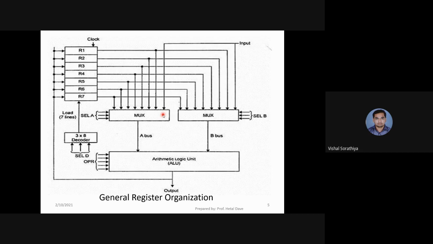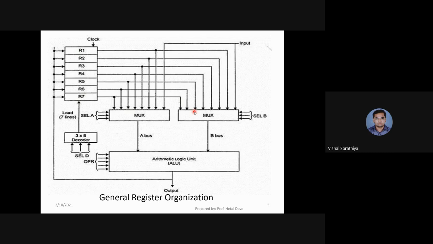The result is stored in another register. So you require two buses, one for the A register and one for the B register, and both are connected with all the register pairs over here. All the particular blocks are connected to both of them. It's connected over here also, so data of this one can go over here, and it can go over here also.